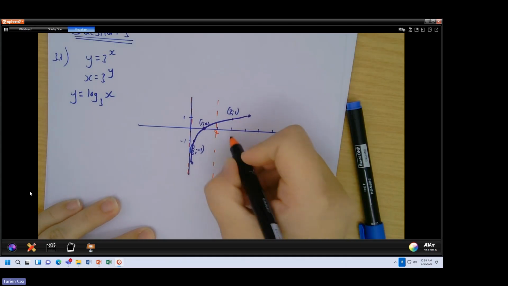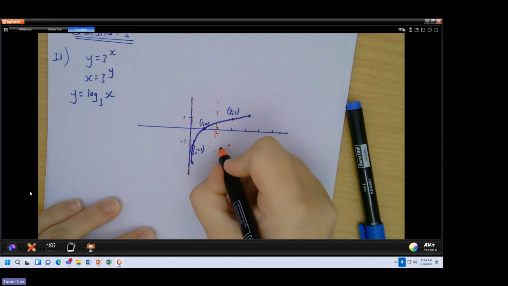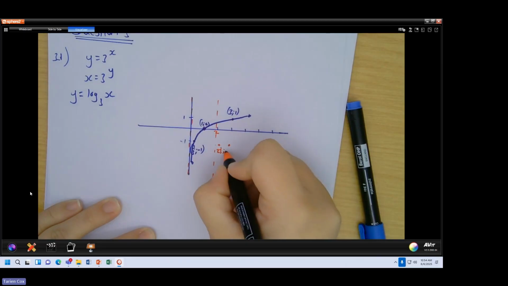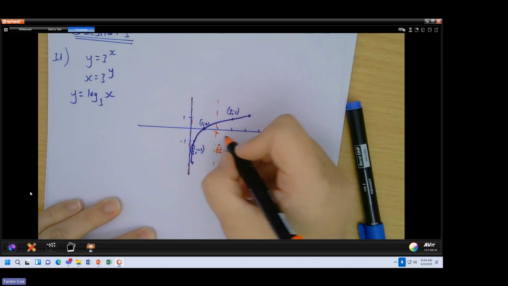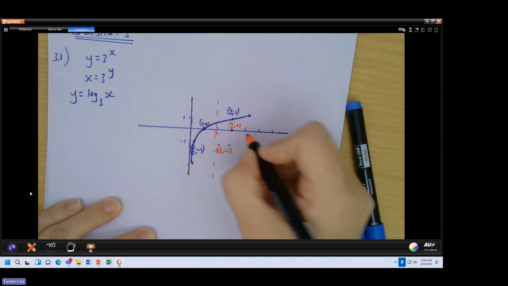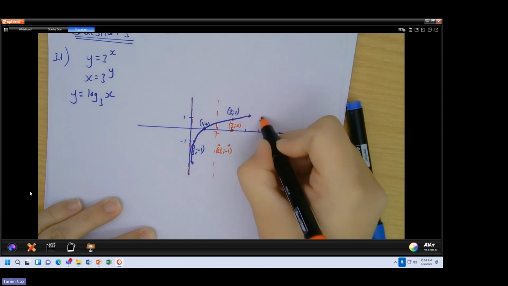The new point here, this was at a third, now it will be at, wrong place, my apologies, ignore that point. It will be at 2 and a third, so 2 and a third and -1, just next to the asymptote. And then this was at 1, so this will be 3 and 0. And then that was at 3 and 1, and now it will be at 5 and 1.